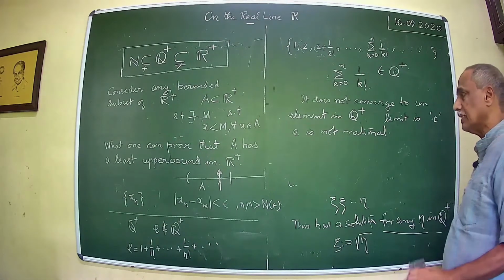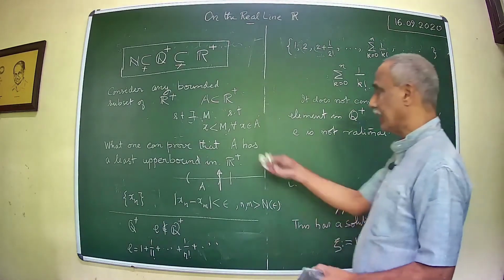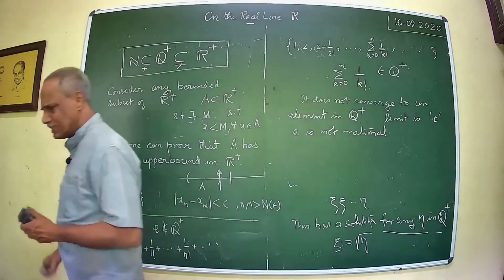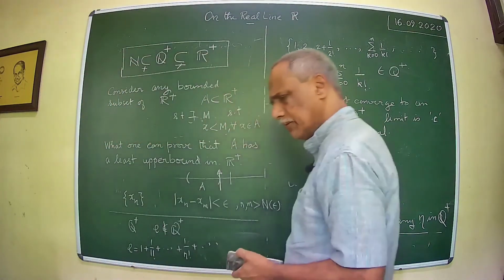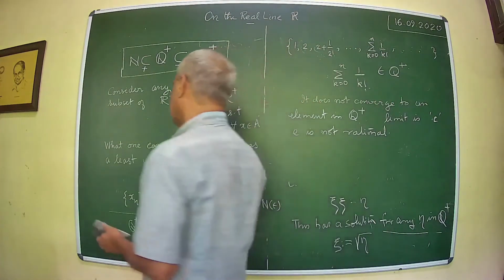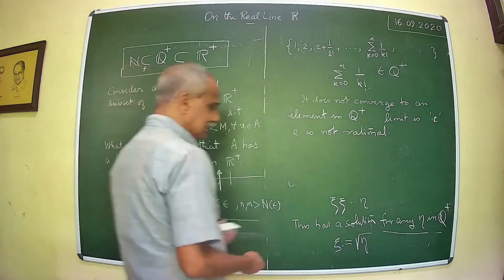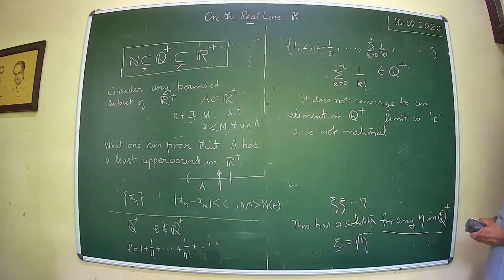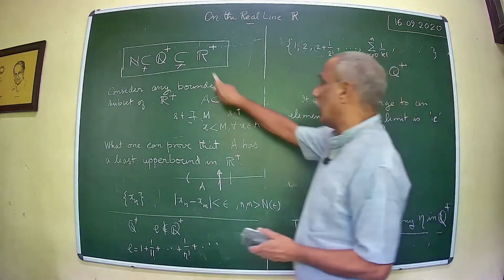Then such a larger class is again called R plus. So that's how the construction goes. There are many ways you can achieve this. So that in a way completes the construction of R plus.